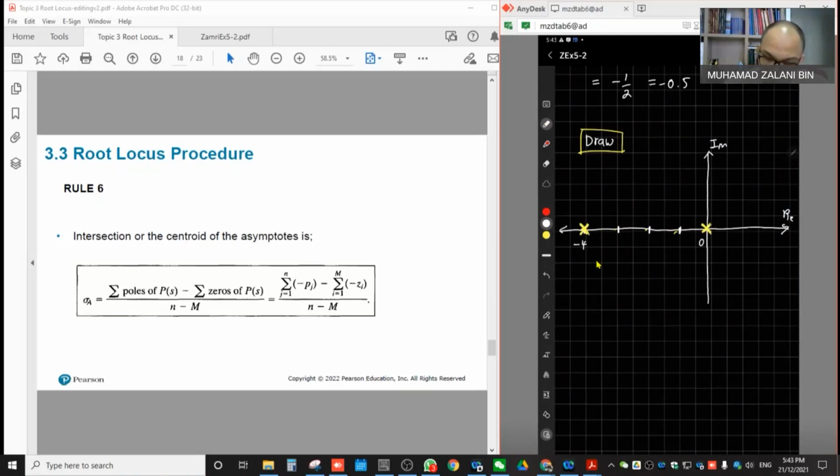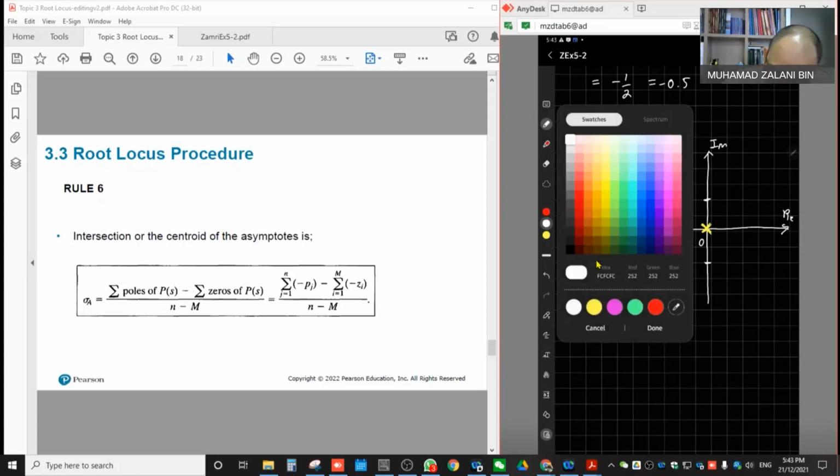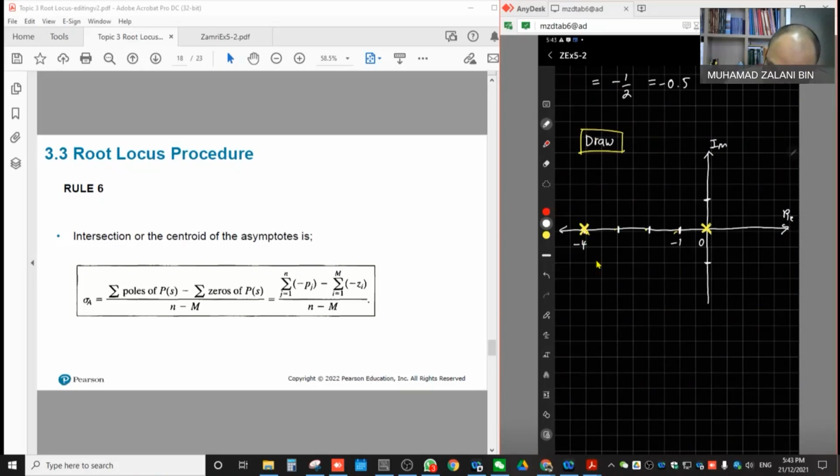And then I also have a pole at -1 plus j, somewhere around there. This is j, this is minus j. So -1 plus j is the pole location right there, and -1 minus j is the pole location there.